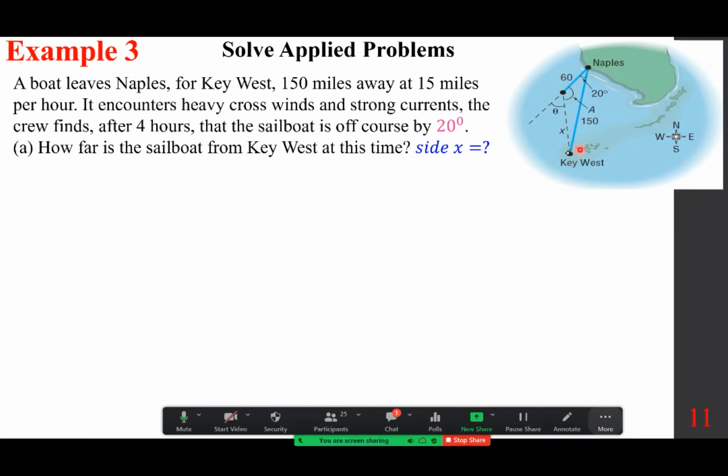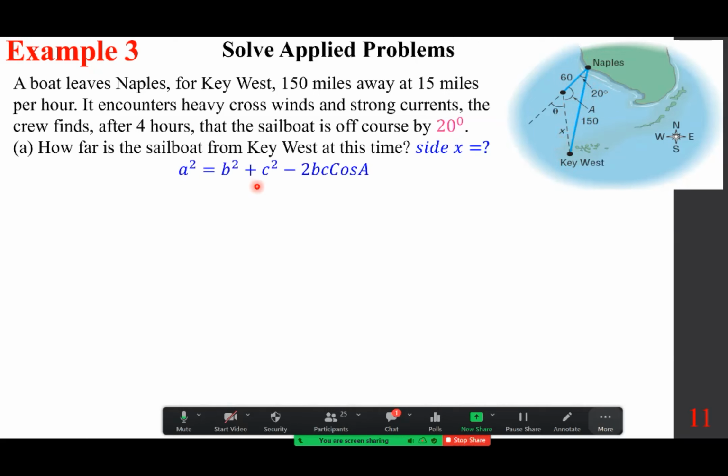So if you look at this triangle, we have this side, which is 60. We have this side, the distance from Naples to Key West of 150 miles. We have the included angle of 20 degrees. So across from the 20 degrees is what we are looking for, the distance of x. So we use the cosine law.